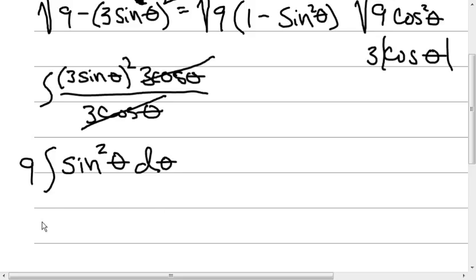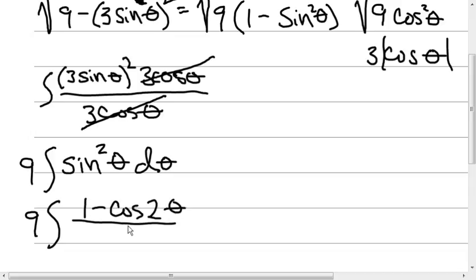So all we have to do is apply our memorized rule, and we can replace sine squared theta with 1 minus cosine of 2 theta divided by 2 d theta.